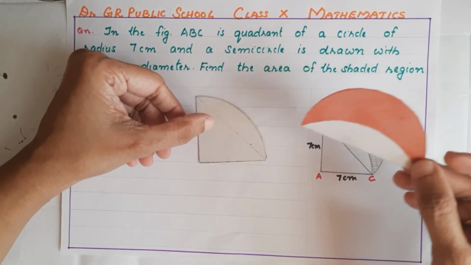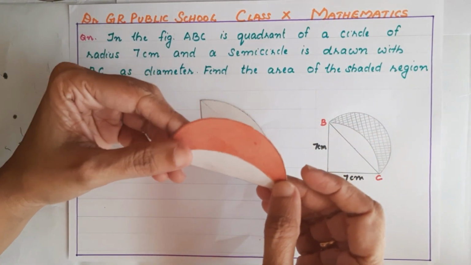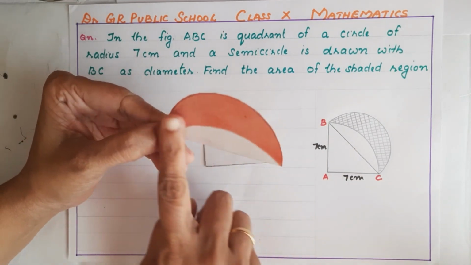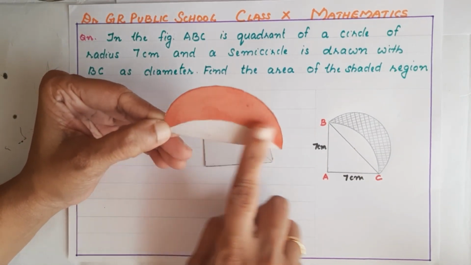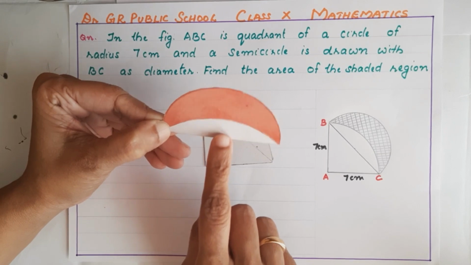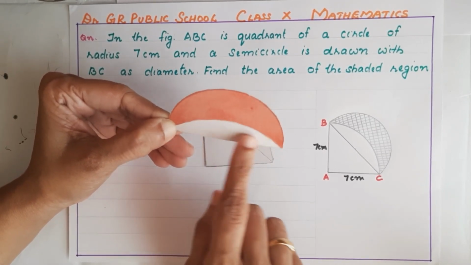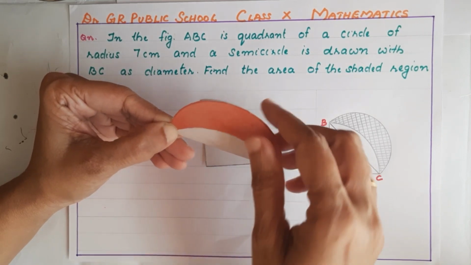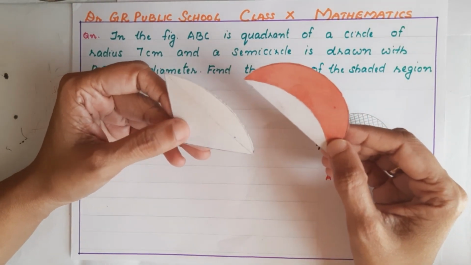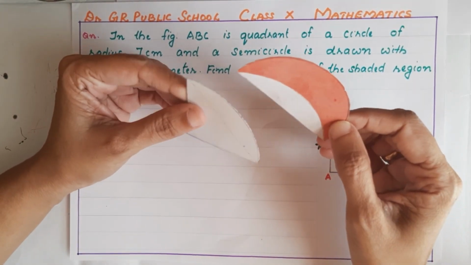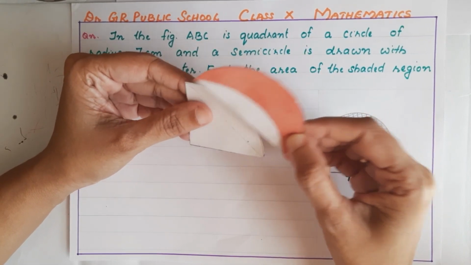So how will you get the area of the shaded region? Area of this semicircle minus area of this white portion. Isn't it? So what is this white portion? When we consider this complete figure, this is our complete figure, isn't it?